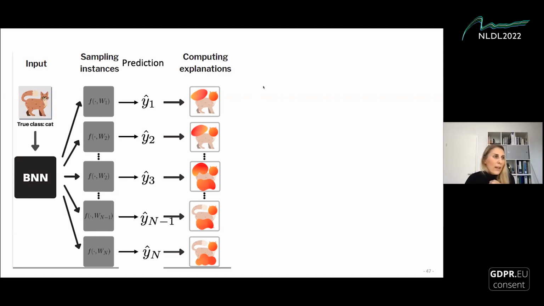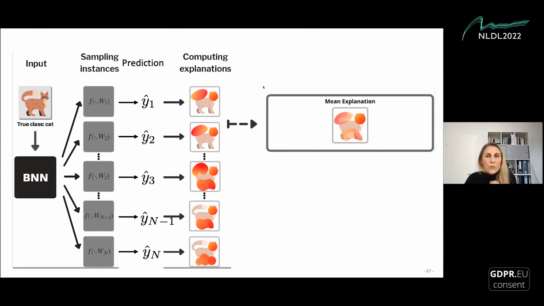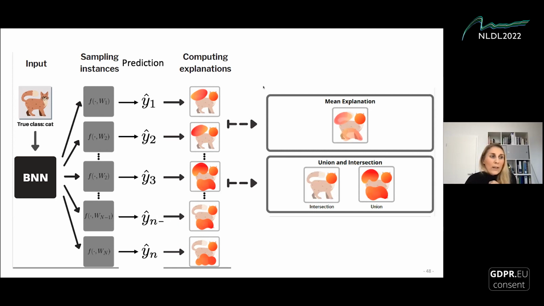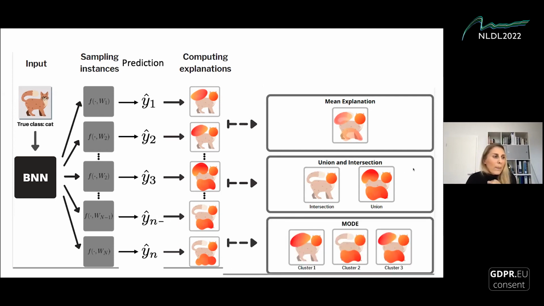And now, again, we can compute, for instance, the mean explanation. Or we can compute the union and intersection. The intersection would be where all networks agree that this is an important area, and we see this is the head, where everyone agrees. Or we can also compute the union. Okay, and we could also cluster it.